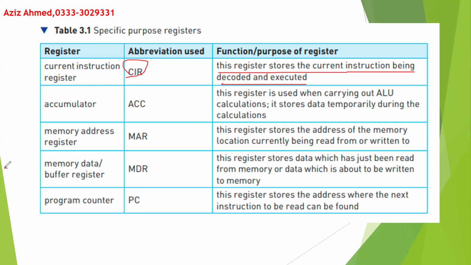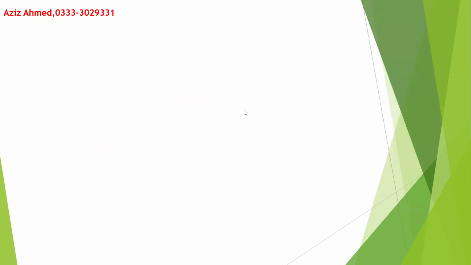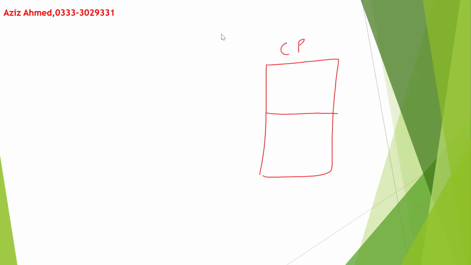The first stage of the computer to get the instruction is called fetch, the first stage to get an instruction from memory. Wait a second, I will show you on a blank slide. Now see here, this is the CPU. This is the CU, and this is the ALU.